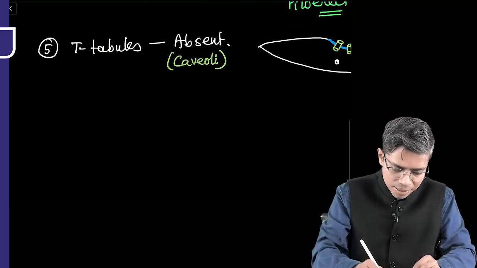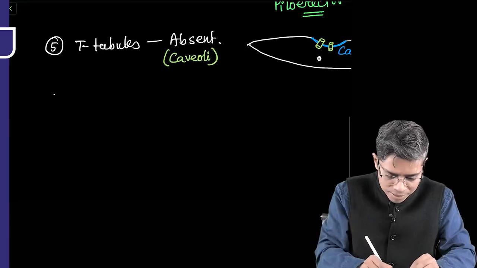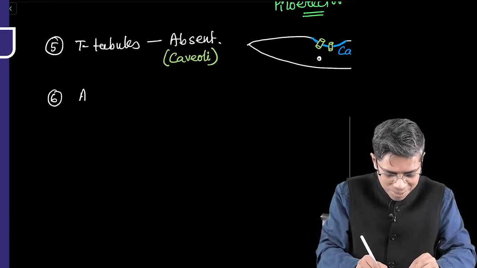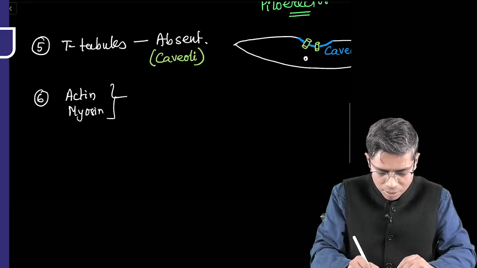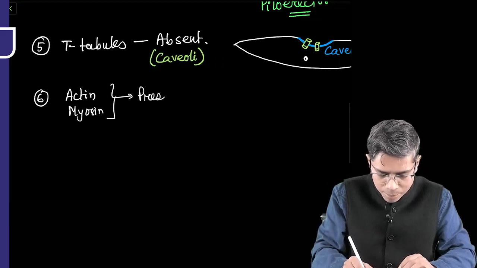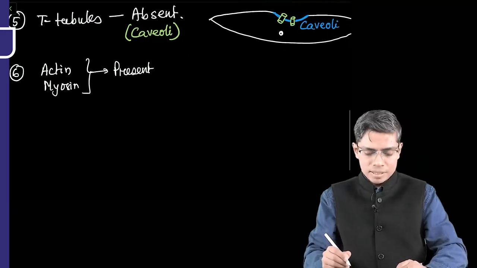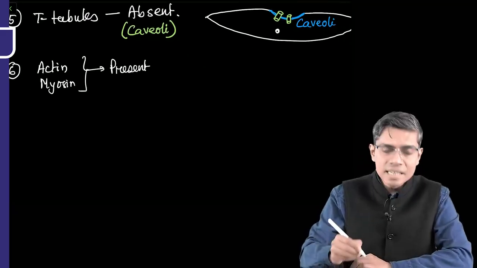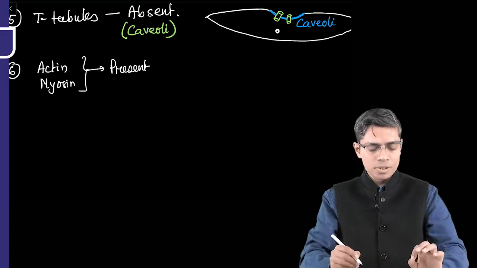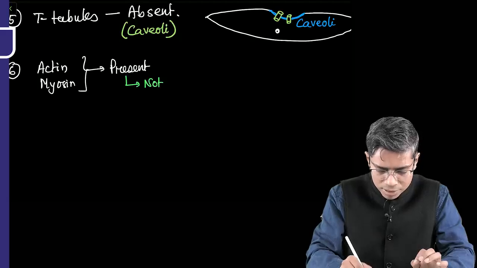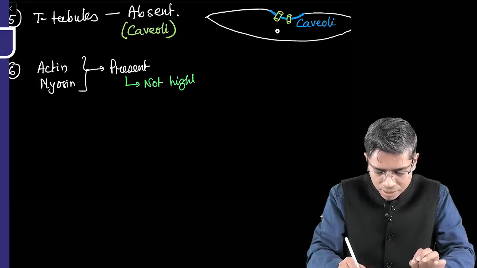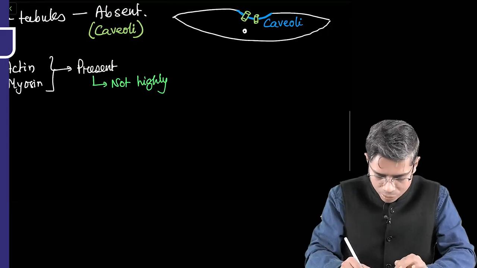Next I am asking, are actin and myosin present or not? Obviously. Are actin and myosin present in smooth muscle? Obviously they are present, but the actin and myosin are not highly organized. So I am writing here, although it is present, it is not highly organized. I will tell you what is the meaning.